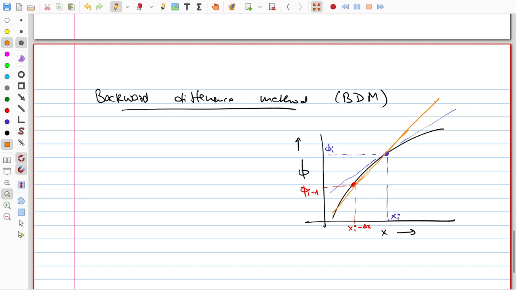Okay. Now again, in the limit that delta x tends to 0, this orange line will tend to the blue line, but that limit is not existing right now. We are approximating. So this method approximates the slope at xi as phi at xi minus phi at xi minus delta x, upon delta x.